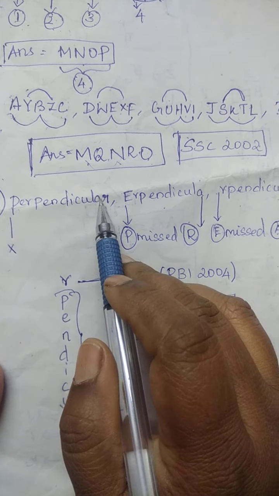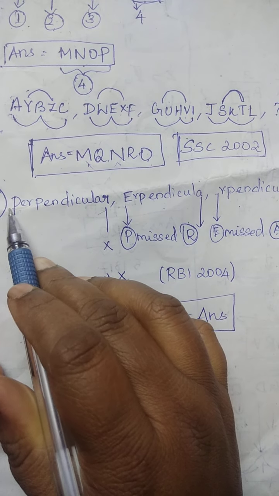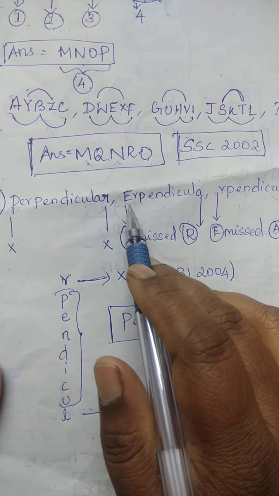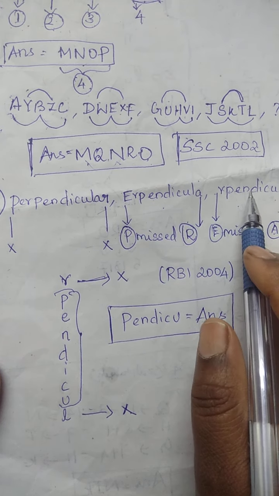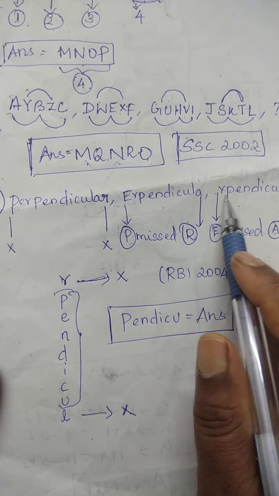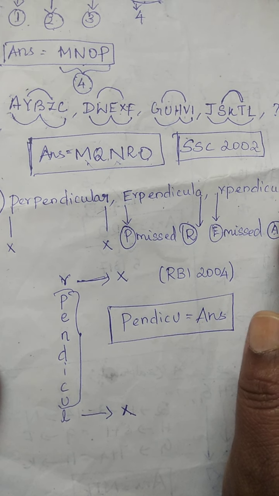See, perpendicular. Next term, P, first and last terms are taken away, and they written the other letters. Then here these first and last term E and A are taken away, and they written the remaining letters.